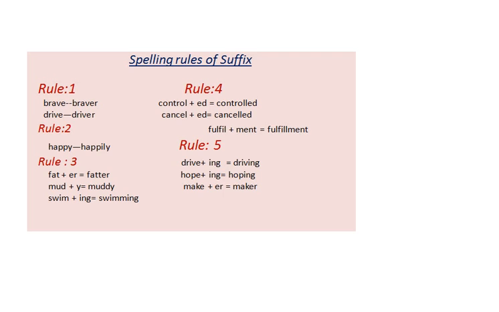In these words, the last letter E of drive, hope and make is excluded. So when a word ends with a silent letter E, drop that final E if the suffix you are using begins with a vowel.